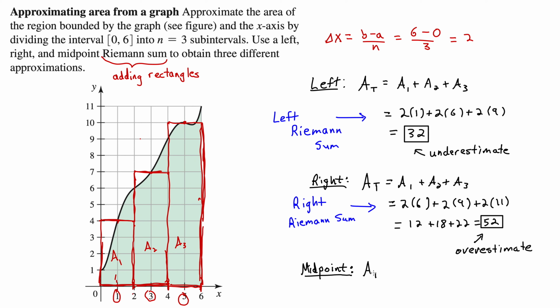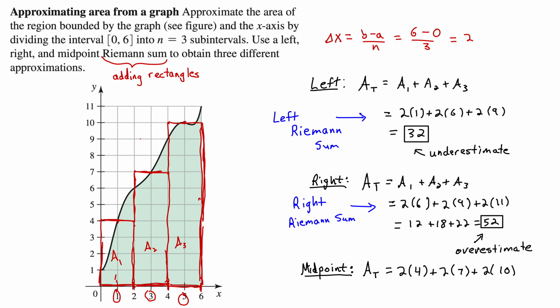Here we go. A total is, all right, our base is still the same, 2 times the height of A1, 4. Plus the base is still the same, 2 times the height of A2, 7. Plus, of course, the base is still 2, and the height is 10 for A3. And you could even factor that base out.